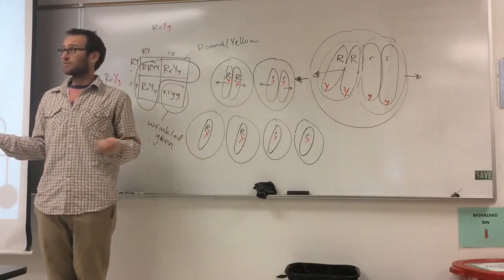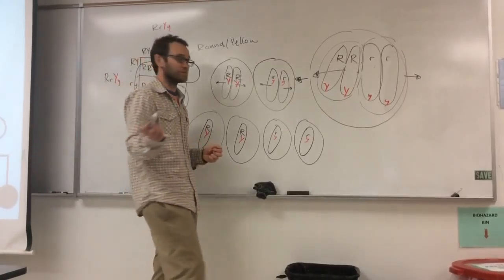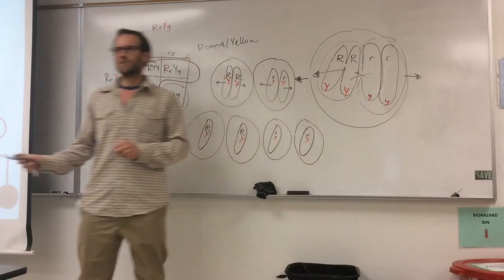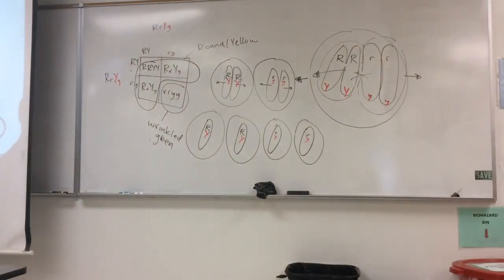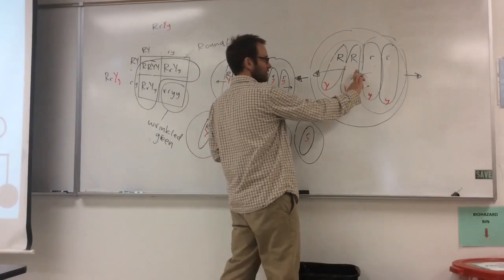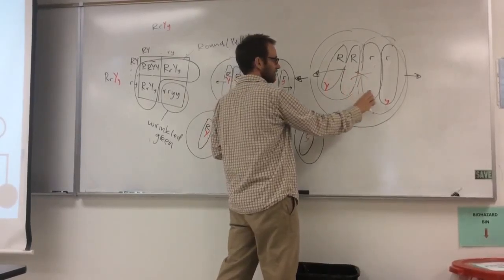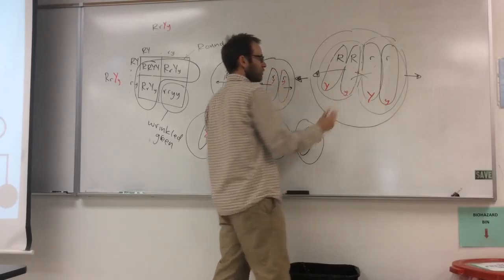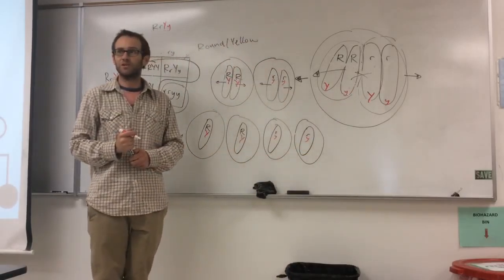Now, if I drew a random recombination event onto these chromosomes, I would draw a recombination that happened between the genes. So what would end up occurring if you did recombine is the big Y would move over onto the little r's chromosome, and the little y would move over onto the big R's chromosome.